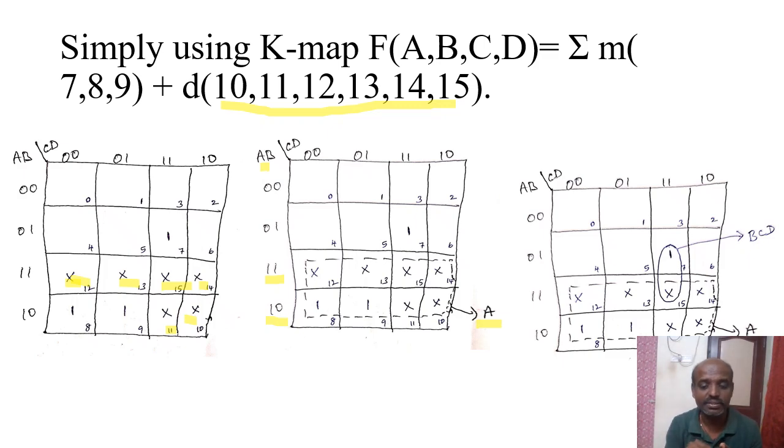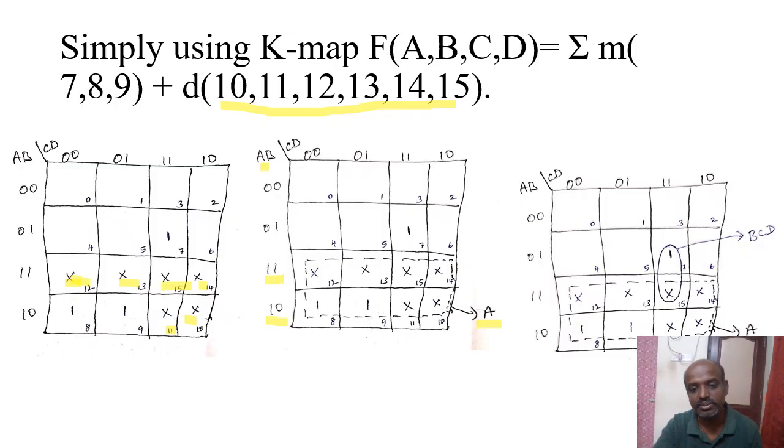Unnecessary overlapping is not allowed. You may think that this is a 4, but this 4 is already covered by the 8. If you do 4 cells it is unnecessary and causes overlapping. So 4 grouping is not possible. Next we go for a 2 grouping.